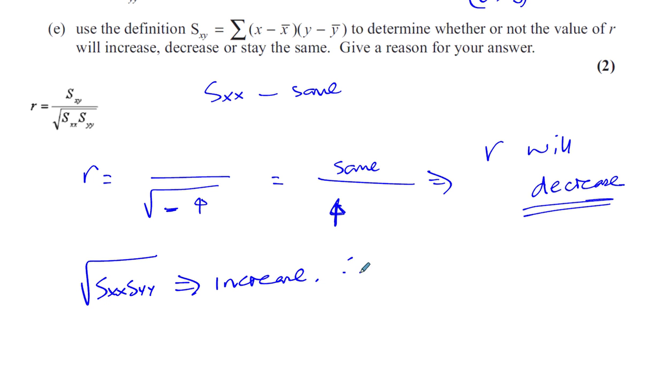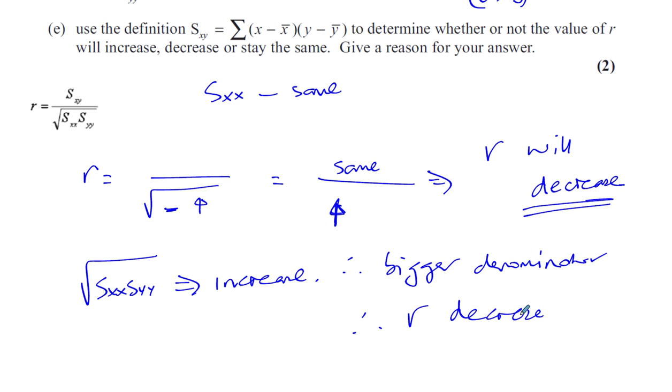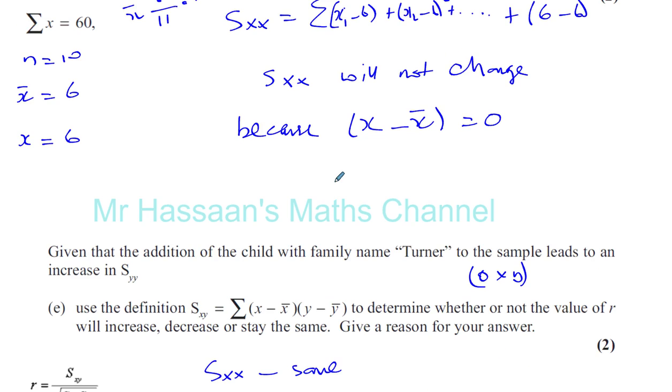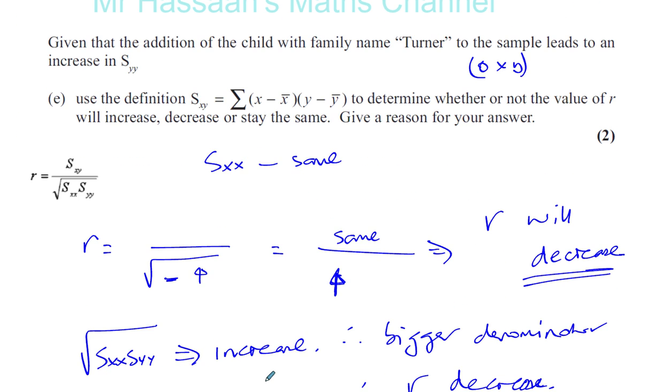Therefore, bigger denominator, therefore R is going to decrease. That could be some of your reasoning there. So there we have the answer to part E. And that's the question finished.